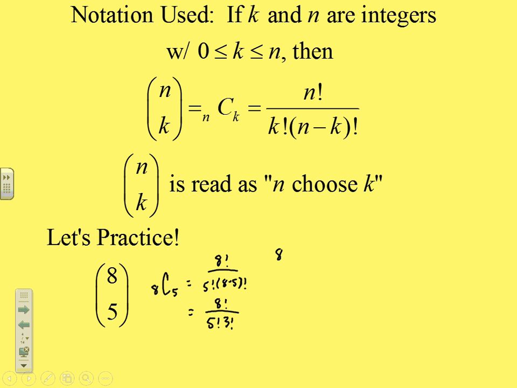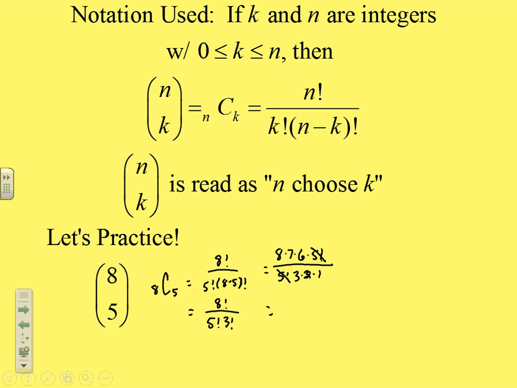Expanding the factorial of the numerator, 8 times 7 times 6 times 5 factorial is where I can stop because I have a 5 factorial in the denominator. And expand the 3, 3, 2, and 1. So the 5 factorial will simplify. So that gives me 8 times 7 times 6 in the numerator.